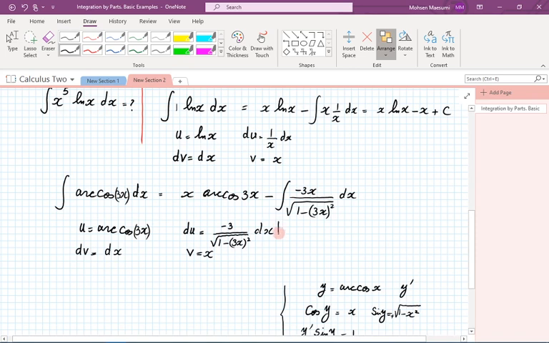So let's separate this thing that we have here. I have x arc cosine of 3x. Perhaps to clean up a little bit, I take this minus 3 out, so it becomes, let's put this in parentheses, plus 3 integral of x over, let's clean up the denominator also, radical 1 minus 9x squared dx. What do we do now?